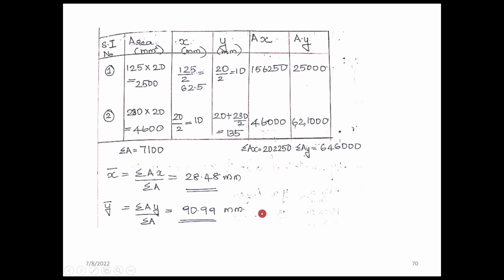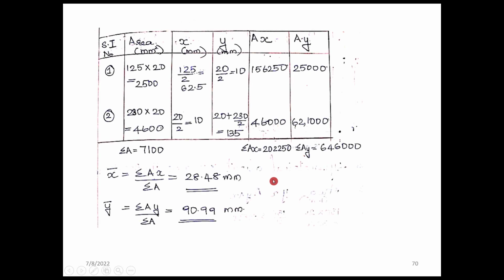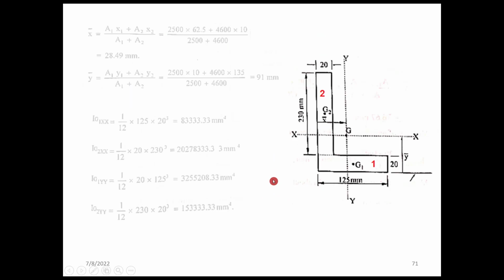So we can apply directly the equations to find x bar and y bar, and you will get the value as 28.48 as x bar and y bar as 90.9, so 28.5 and 91 approximately. So from this axis 28.5 and from here 91. So you got the x bar and y bar.